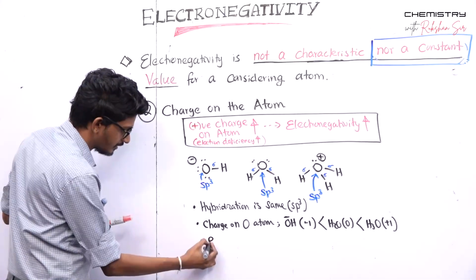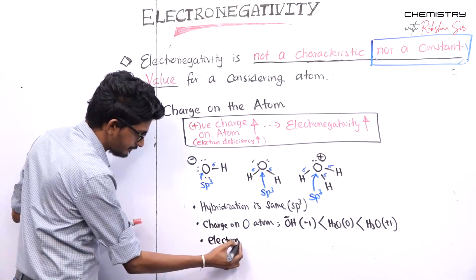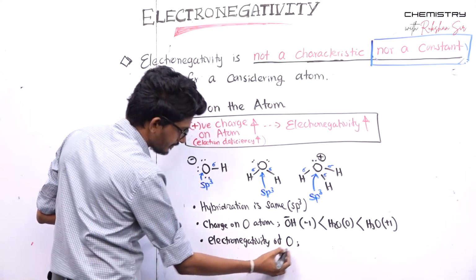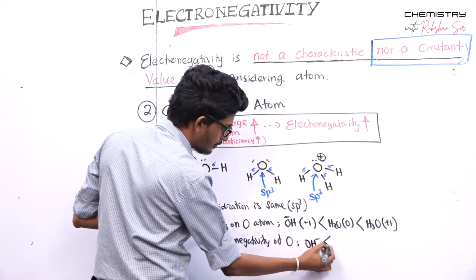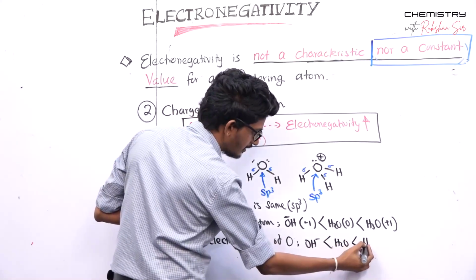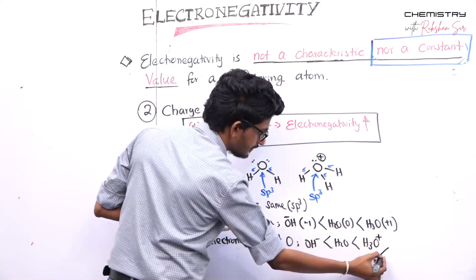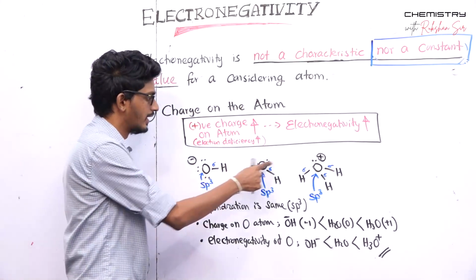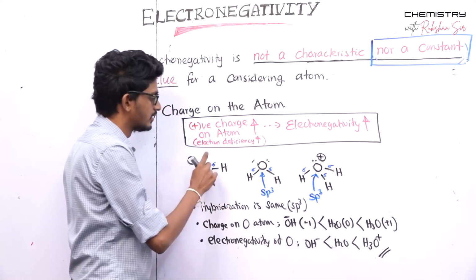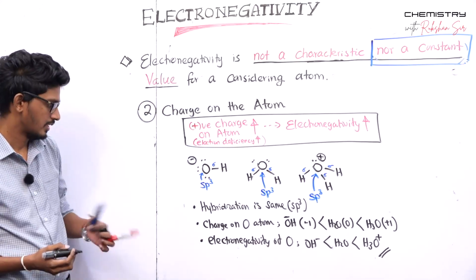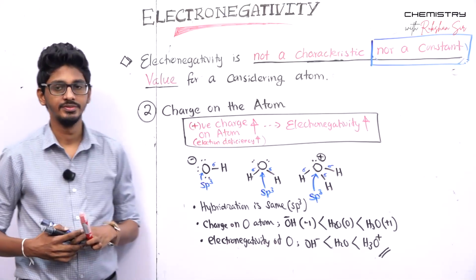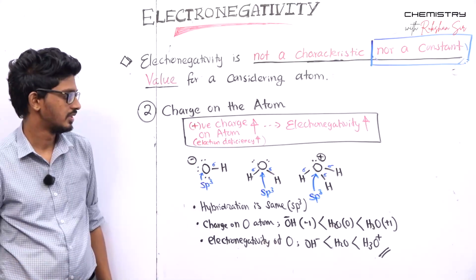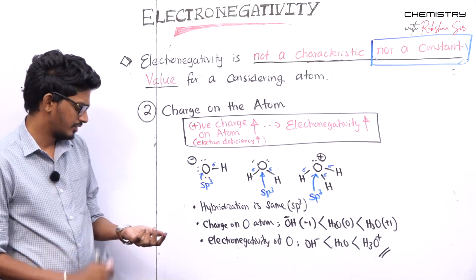So the electronegativity of oxygen is least with OH minus, then with H2O, and greatest with H3O plus. The charge on the atom, here -1, here 0, and here +1. The charge on the considered atom, the oxygen here, also decides your electronegativity. So the electronegativity of oxygen here is greater than here. That is the second consideration.